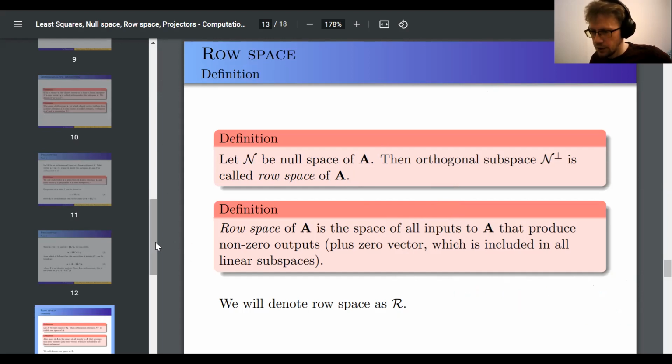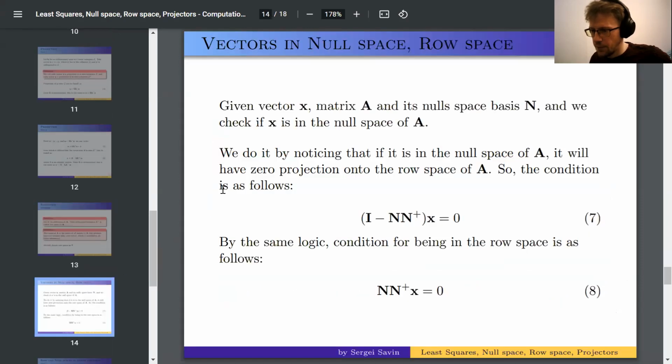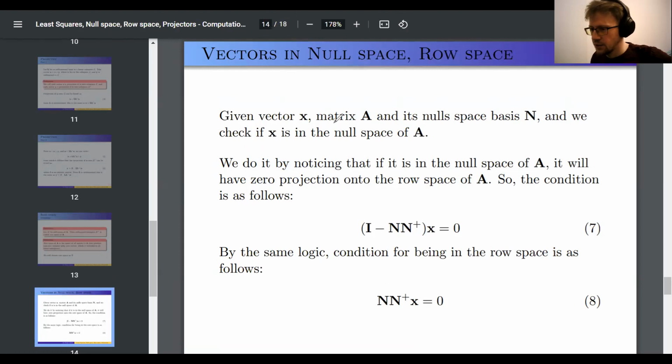Now, let's just see a little bit of what we saw before. Given a vector X, a matrix A, and its null space N, we can check if X lies in the null space or not. Of course, the simplest check is to just check that this is equal to 0.